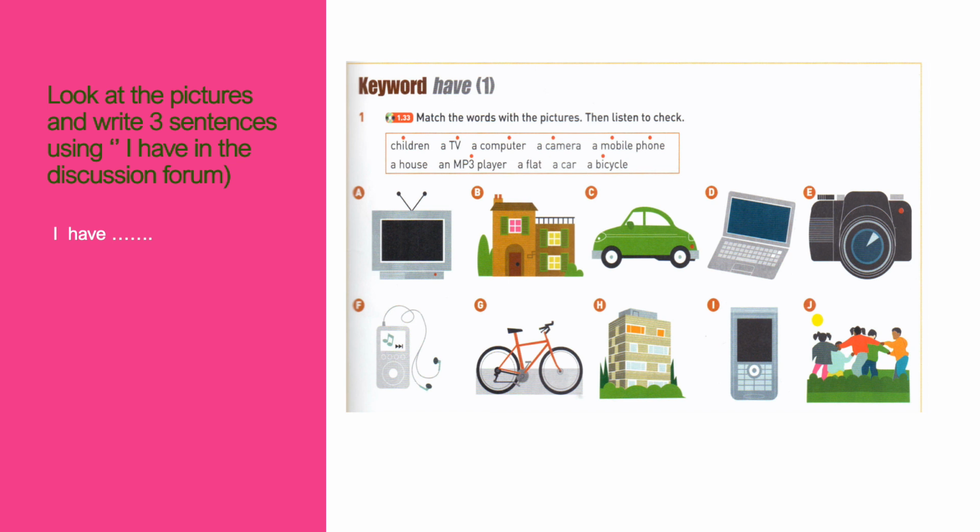This is number 1. Number 2, I have a house, for example, or I don't have a house. And you can go on. I have a camera, or I don't have a camera. So write 3 correct sentences. After you finish, go to Blackboard and write these 3 sentences in the Unit 2 forum.